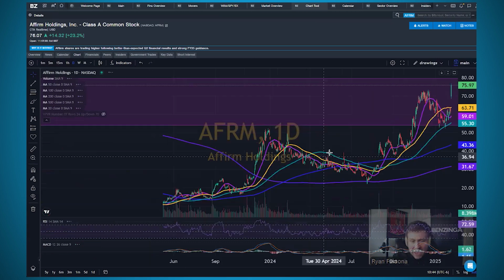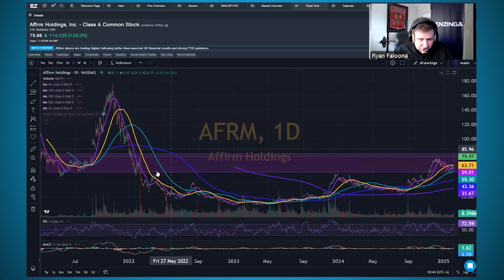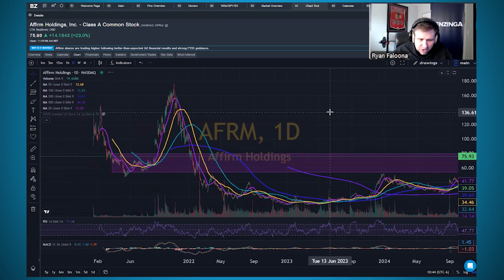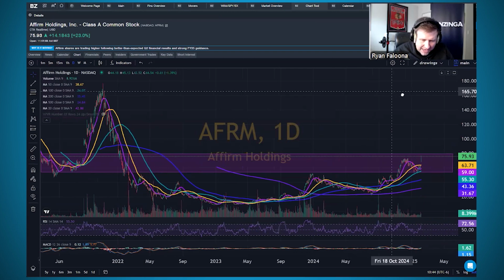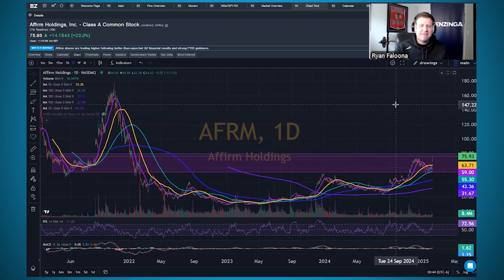What you'll see here is a daily chart. You'll see a bunch of different moving average lines, and then this purple rectangle that goes all the way back to 2021. Let me explain what we're looking at here. First of all, the moving averages are simple moving averages: the 50, the 100, the 200, the 500, and the 20. You can absolutely identify support and resistance levels based off of these moving averages.